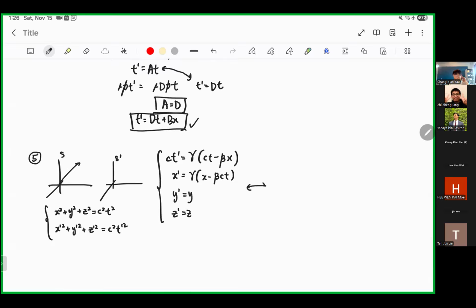And also we have something called the inverse Lorentz transformation. Oh, and also gamma is defined to be this, with v squared divided by c squared, and then beta is defined to be this.